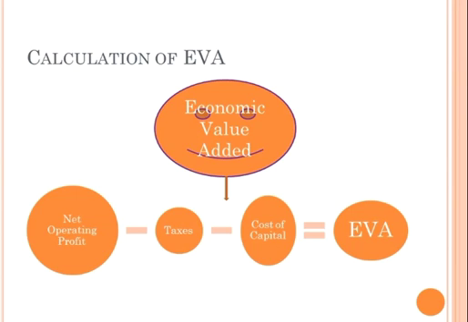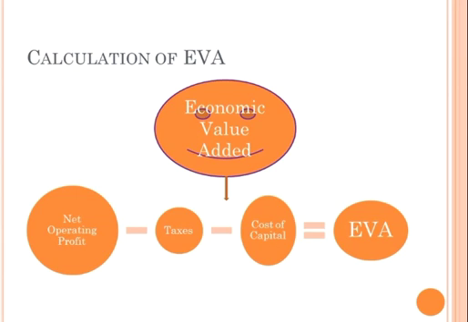So the process is: first we calculate NOPAT, net operating profit after tax. Once we calculate it, we divide NOPAT by the weighted average cost of capital so that we get the present value of NOPAT. The present value of NOPAT is called economic value added.